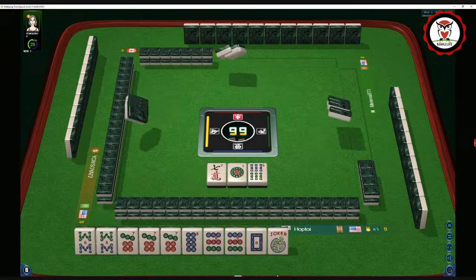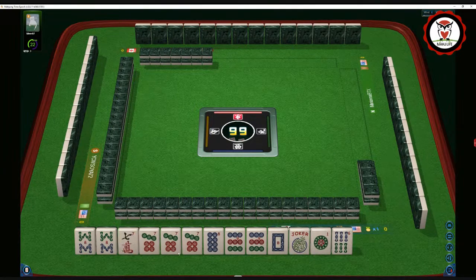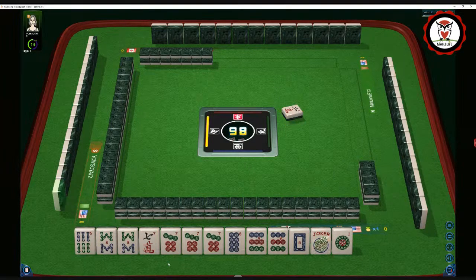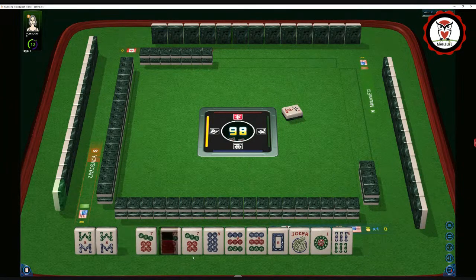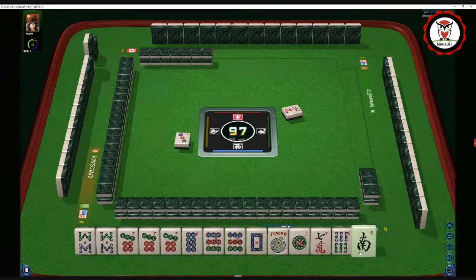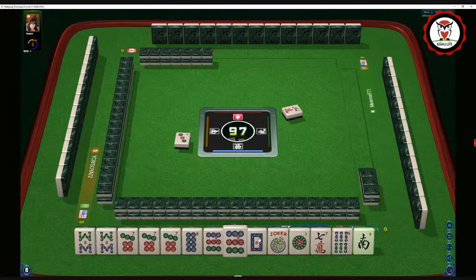Let's see. What do we got here? 7 crack, 6 bam, 2 characters. We are probably an underdog on this game. 3 dots. Okay, let's see. We have 7, 8, 9. Let's see. Winds. We have no winds.